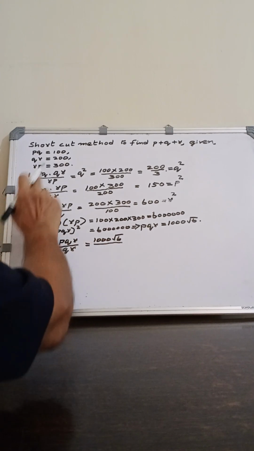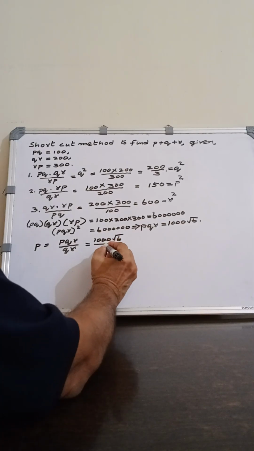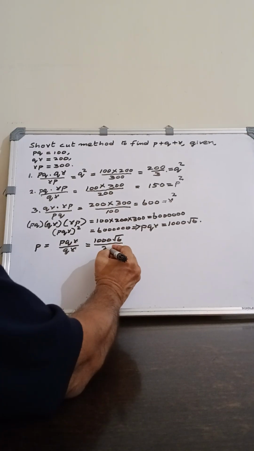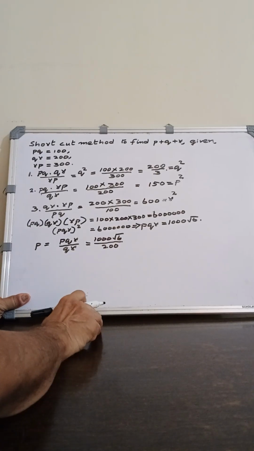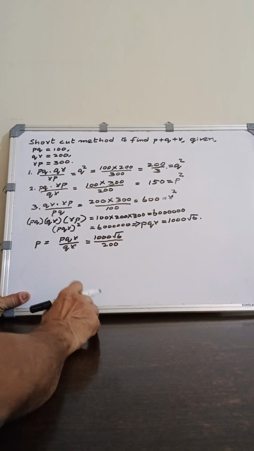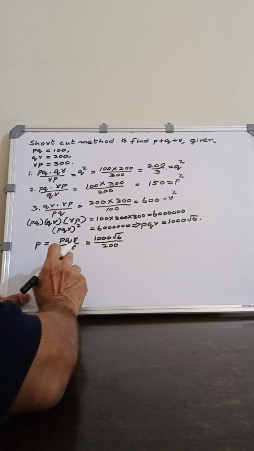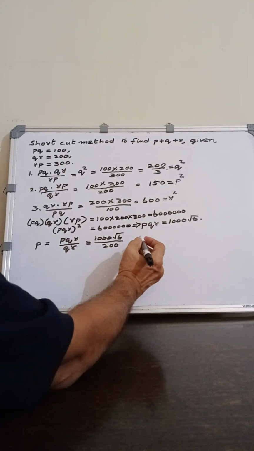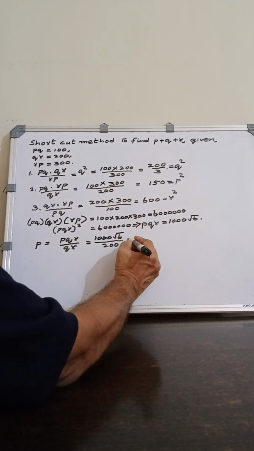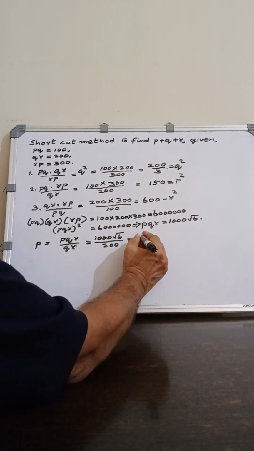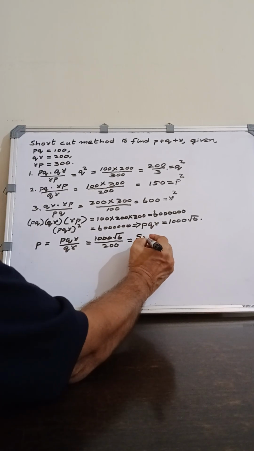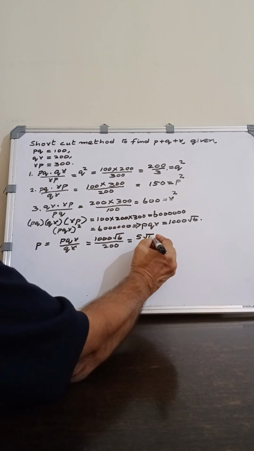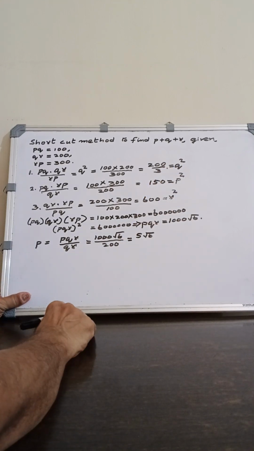What is QR? 200. 1000 root 6 divided by 200 equals 5 root 6. That is P.